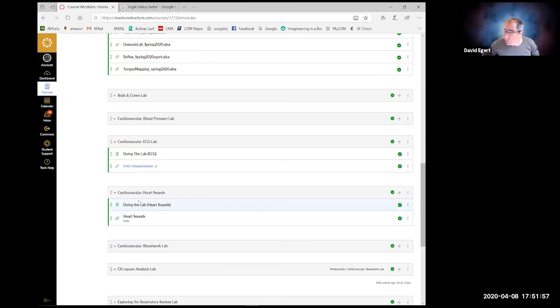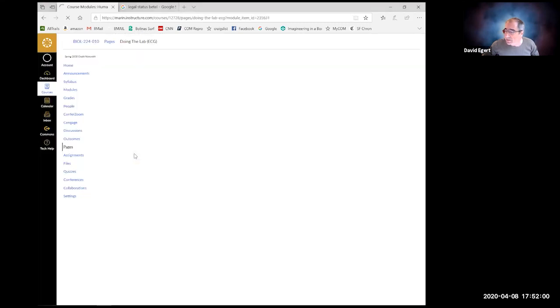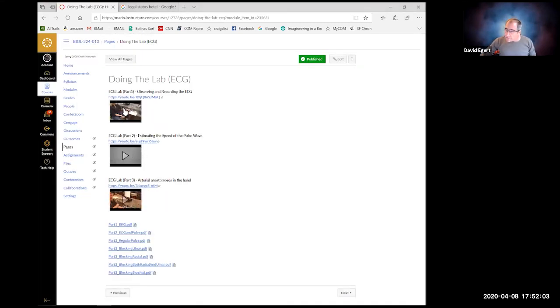This first part is just observing and recording the EKG. In the old days when I used to do EKGs, maybe I should stop sharing for a moment and mention one more thing. Old school, it was a roll of paper on a strip chart recorder, and the paper would keep rolling and pulling along.